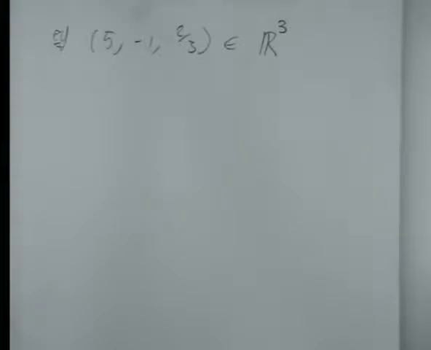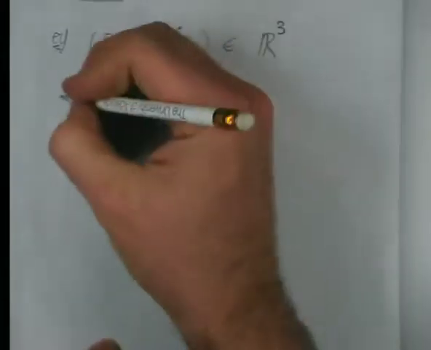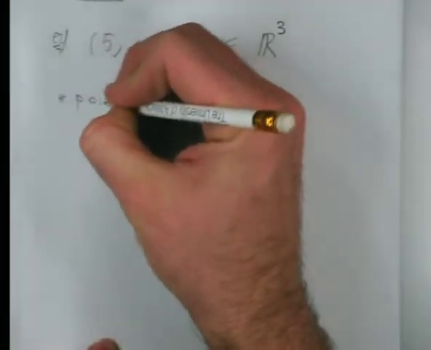To a mathematician, they are just simply lists of coordinates. Okay, and this list of coordinates can represent a point in space with an x coordinate 5 and y coordinate -1 and z coordinate 2/3.